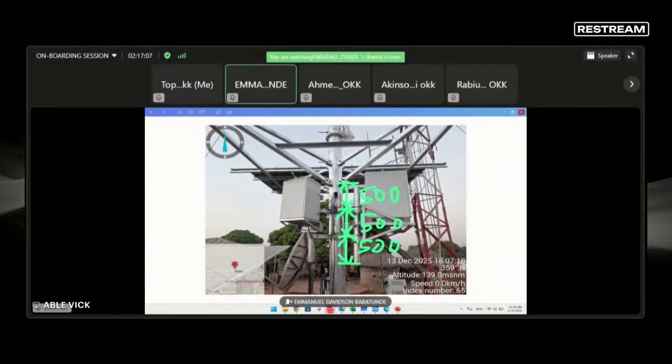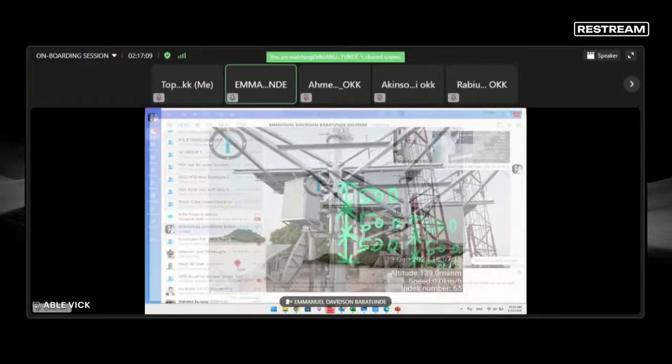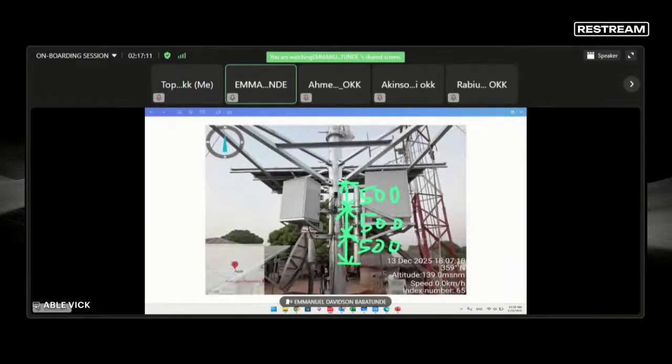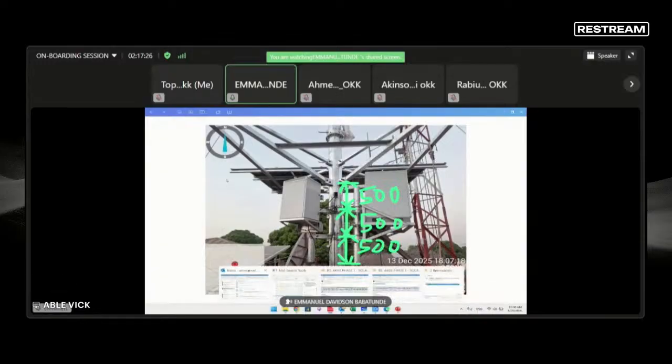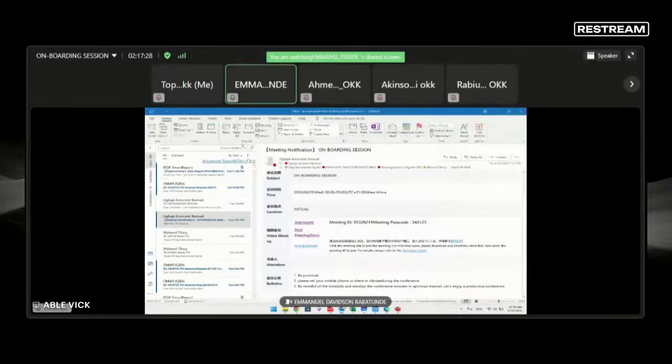It does not really matter. You just need to understand how these brackets are being installed: 500 mm from the solar connector flange down, that's the first bracket. Then the second bracket is installed another 500 mm down.